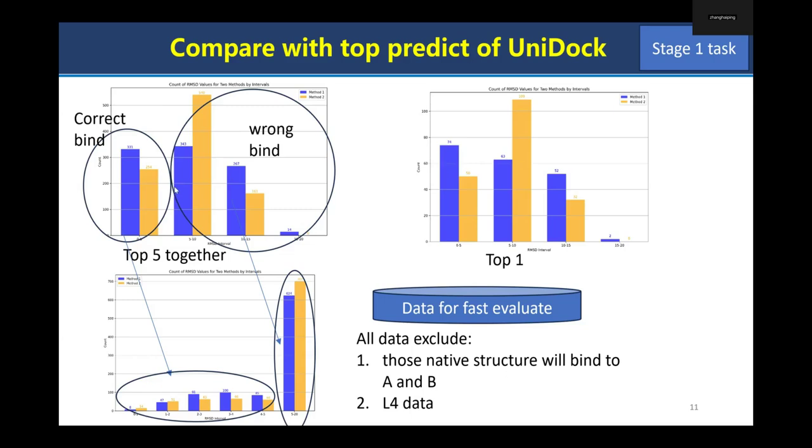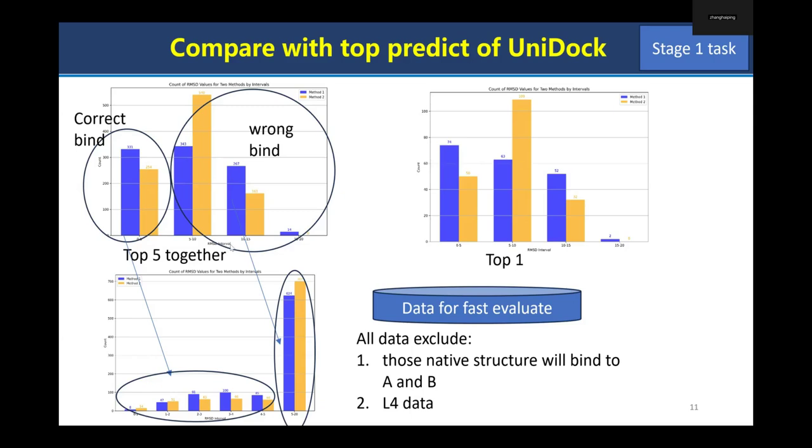We found that for the top 5 predictions, the blue one is our results, and the yellow one is the UniDock results. At the cutoff of RMSD value of 5 angstroms, we have more predictions in this region.